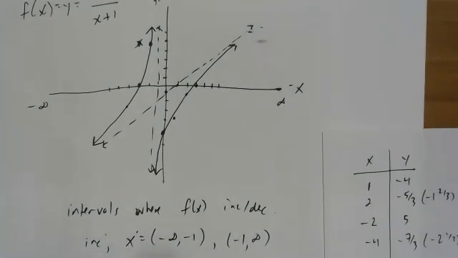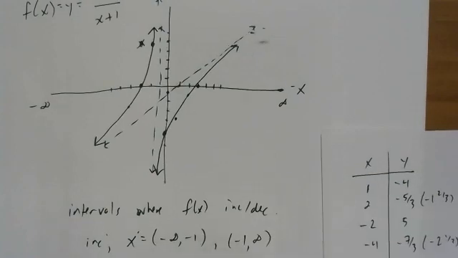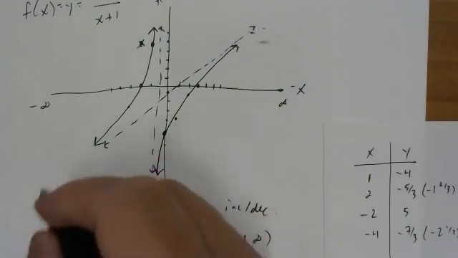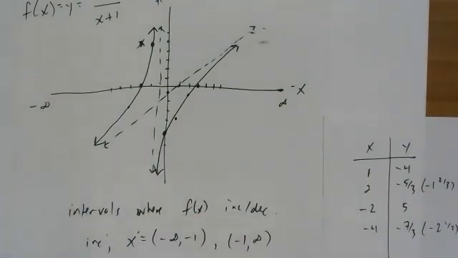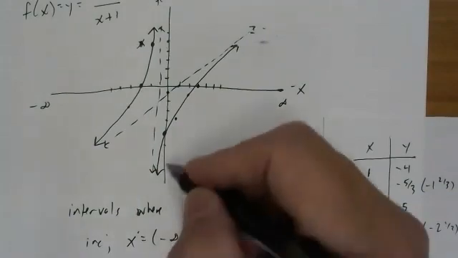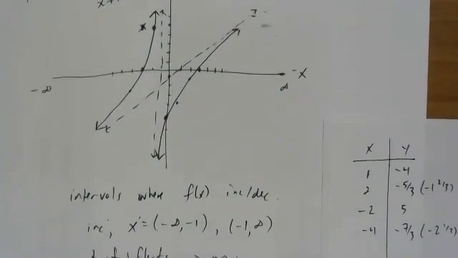So you would say for concave up, x would be negative infinity to -1, and then concave down, x equals -1 to infinity.